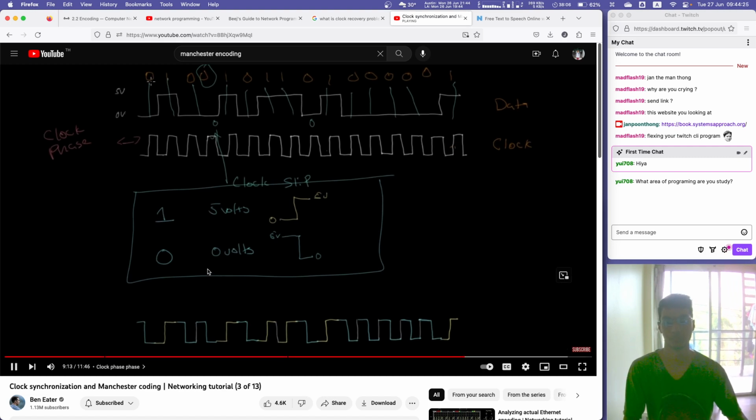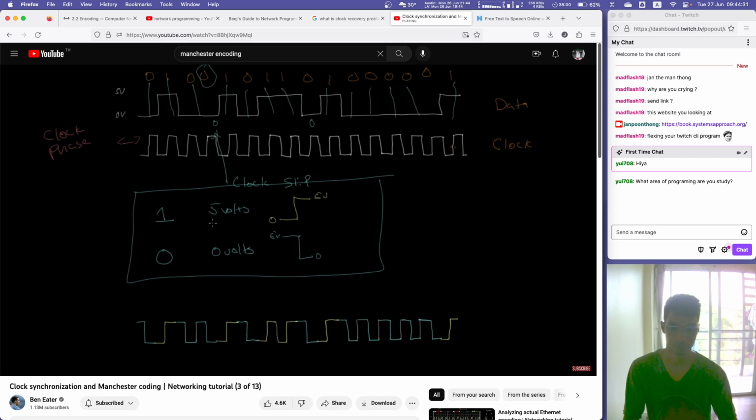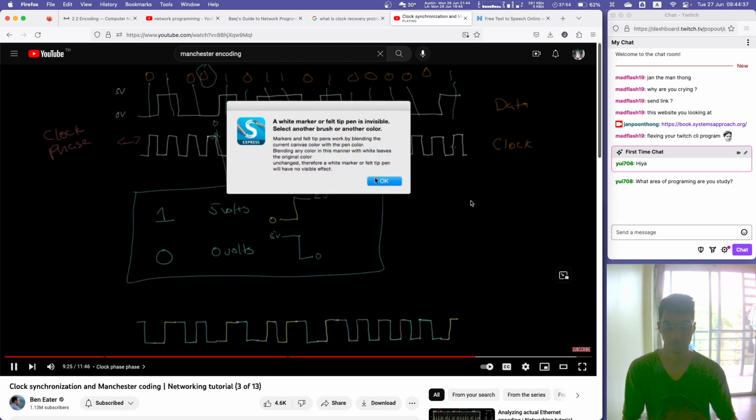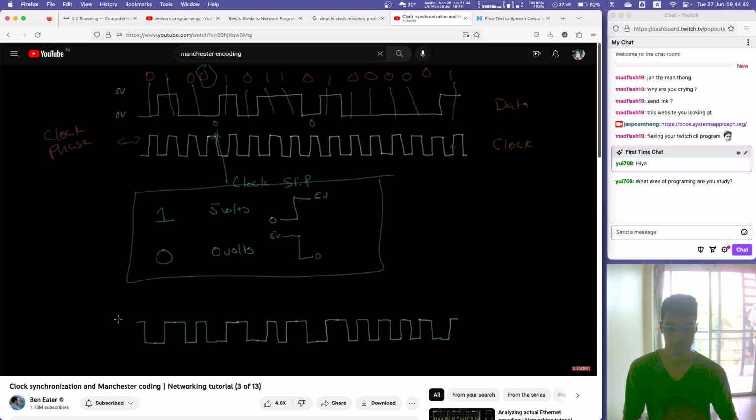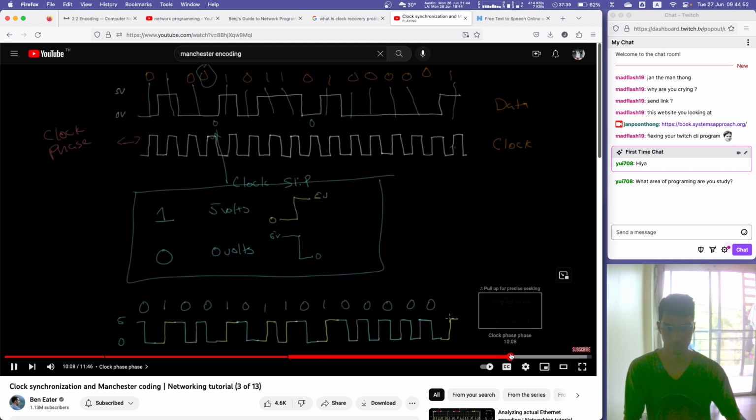This is the same data, 0, 1, 0, 0, 1, 0, and so on, now being sent using this scheme. For example, here we have a transition from 5 volts to 0 volts, and so this is a 0. And here we have a transition from 0 to 5, so that's a 1. Here we have another transition from 5 volts to 0 volts.